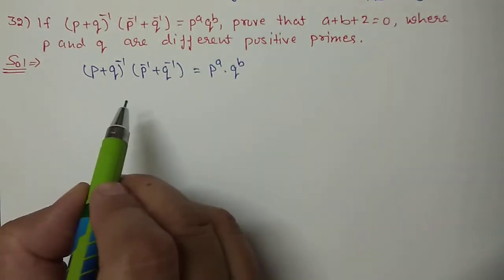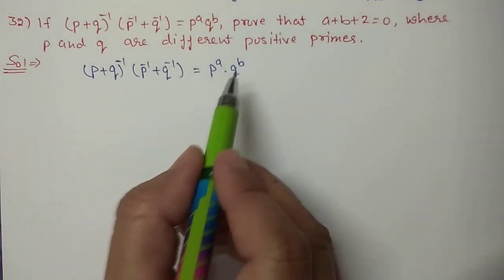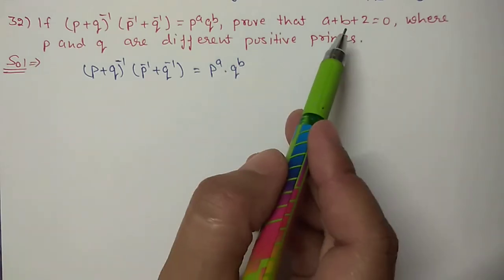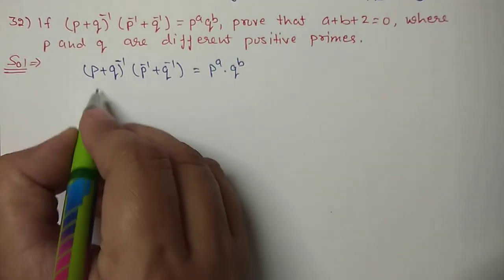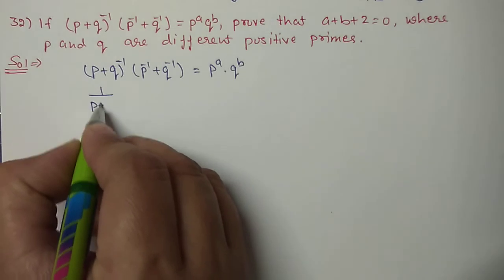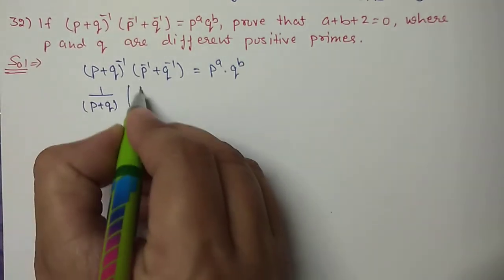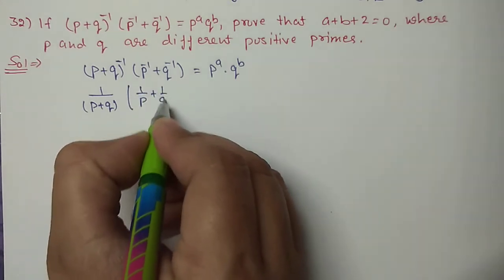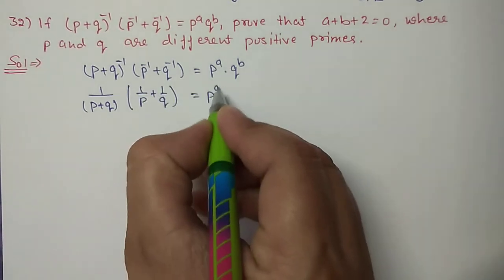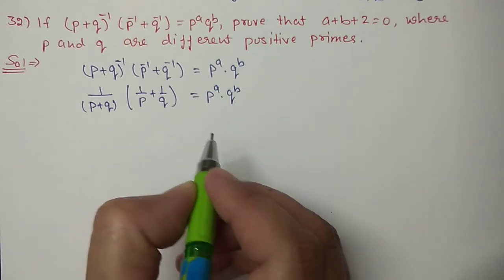So first, with the help of this given condition, we will find out the value of a and b, and then we will substitute here. This we can write as 1 by (p plus q) to the power 1, and this we can write as 1 by p plus 1 by q, equal to p to the power a q to the power b.